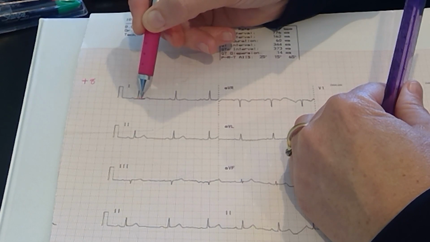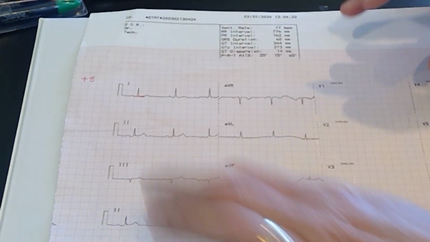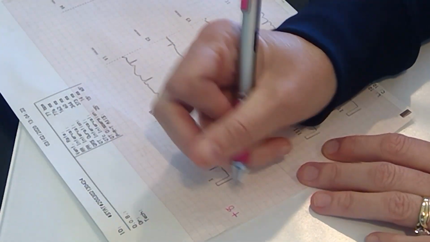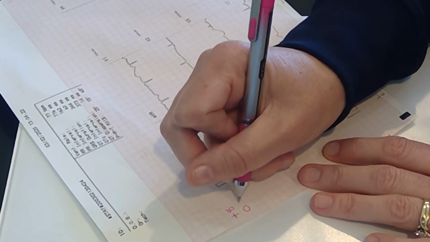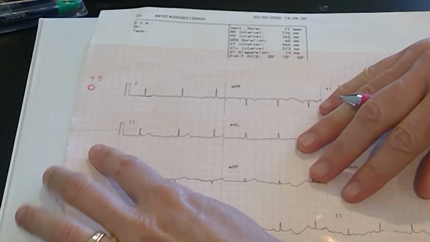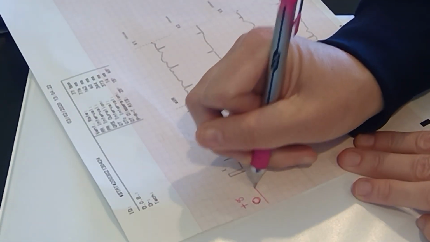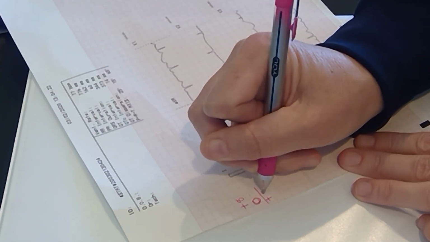There is no S or downward deflection in this tracing. So I'm going to put a 0 for the S. Now I'm going to take the algebraic sum. Overall, that is a +8.